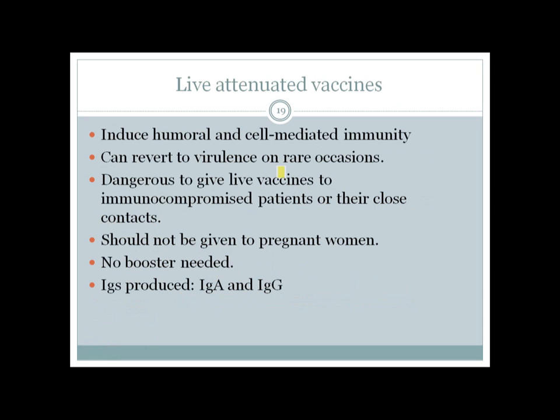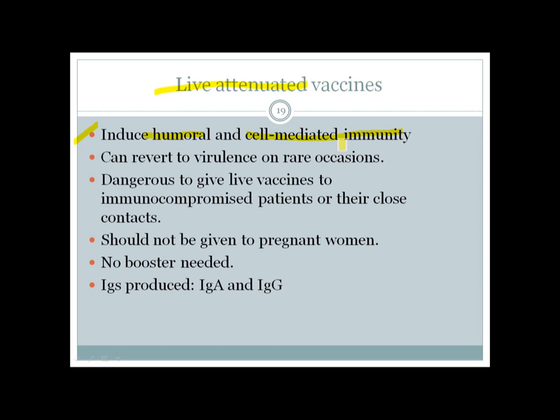Now we come to the vaccines. We have two types of vaccine. One is the live vaccine, which is live attenuated, and the other type is the killed vaccine. Live vaccines have some distinct advantages over the killed vaccine, and one is that they can induce both humoral and cell-mediated immunity. But there are some problems. The virulence of a live vaccine is reduced by some chemical or mechanical processes.